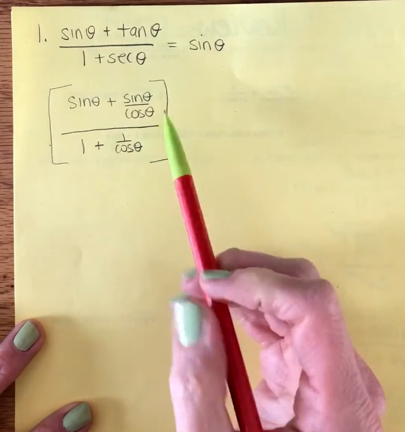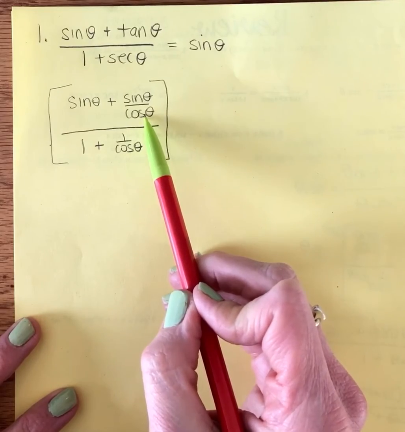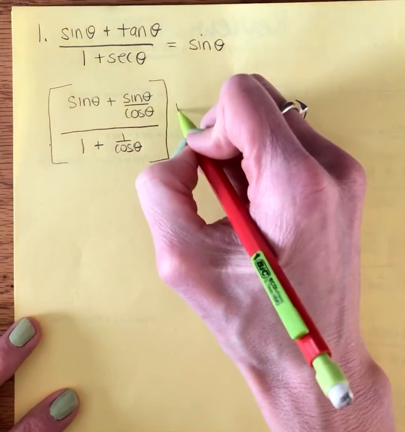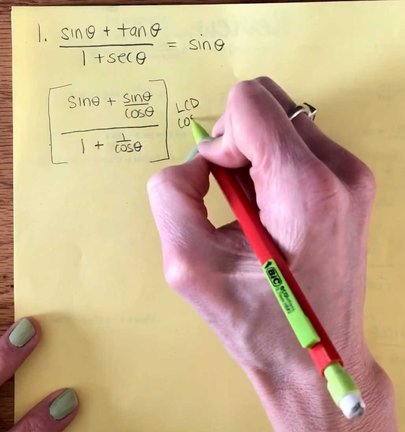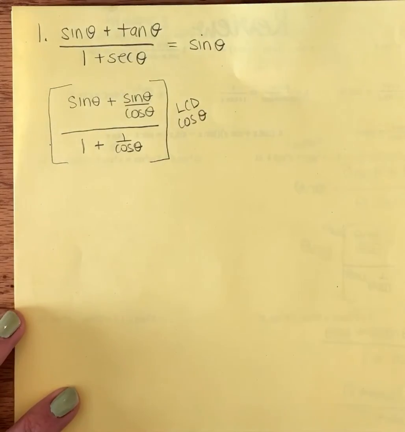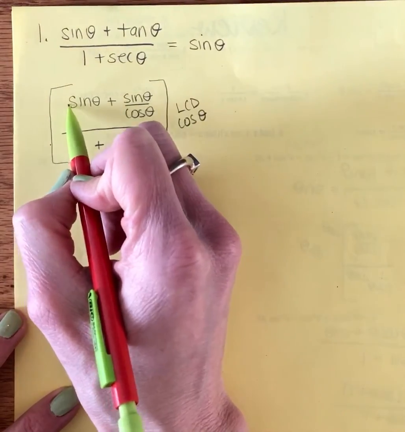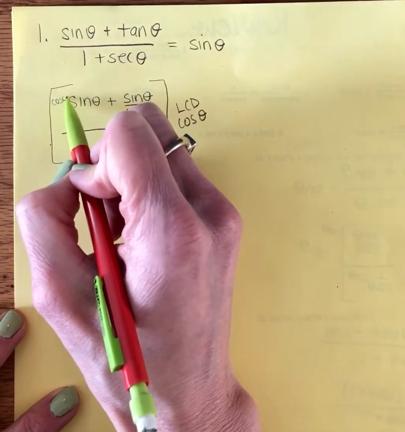So I look and I see the denominators that I have are both cosine. That's good. So my LCD is cosine theta. I'm going to multiply each term by cosine theta. And what that will do is it will eliminate the complex fraction and just give you a single fraction. So I multiply the sine by cosine theta.